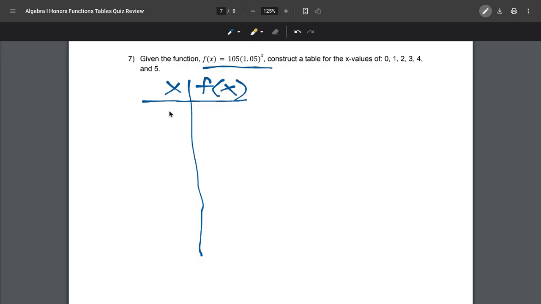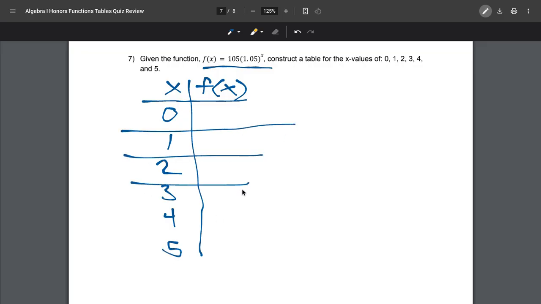Okay, so let's start with 0, 1, 2, 3, 4, and 5. So let's make our table. The initial amount when x is 0 is going to be this 105. So we're going to start with 105. And then we got to multiply times 1.05 each time.